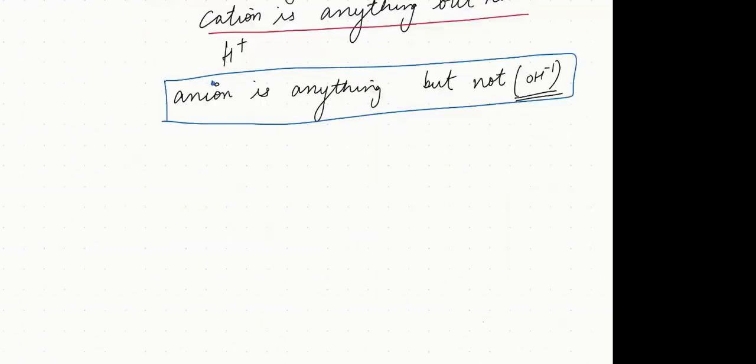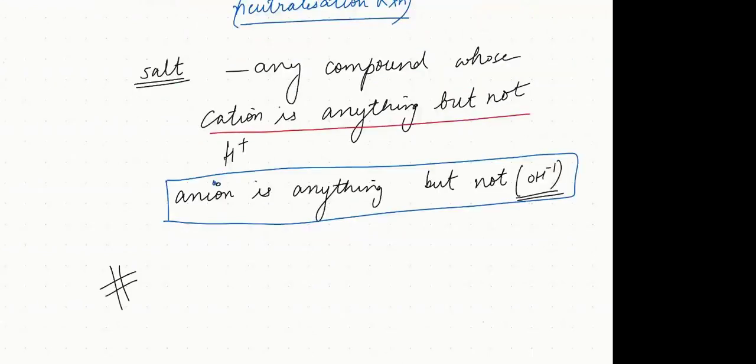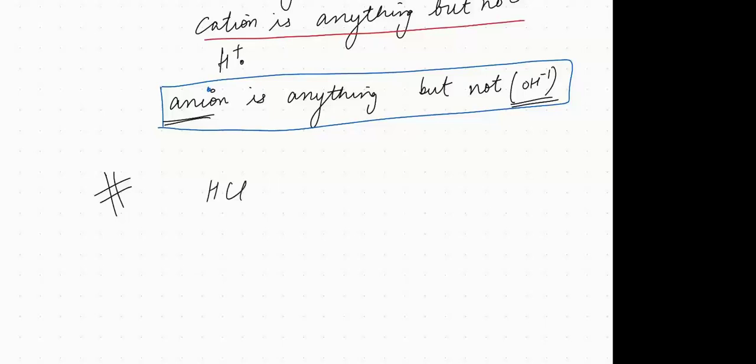Right. So for example, did you understand this concept? Any compound whose cation is anything but H plus, and anion is anything but OH negative. Let's suppose I say HCl. You break it down into cation and anion. You say that cation is H plus.